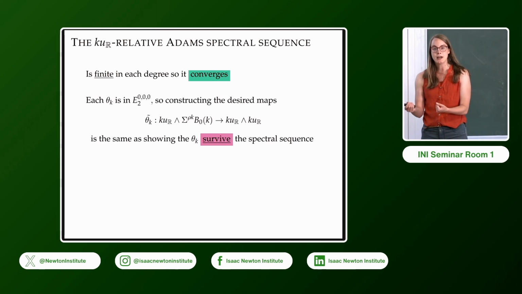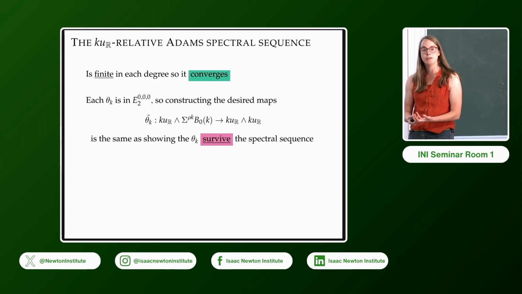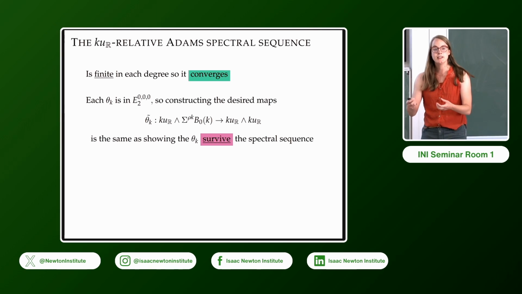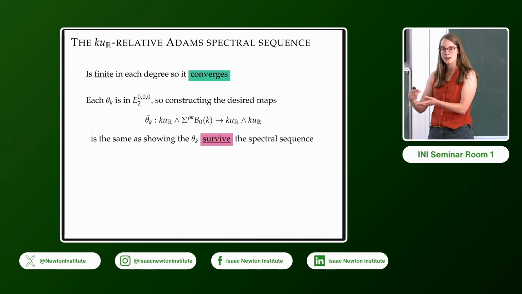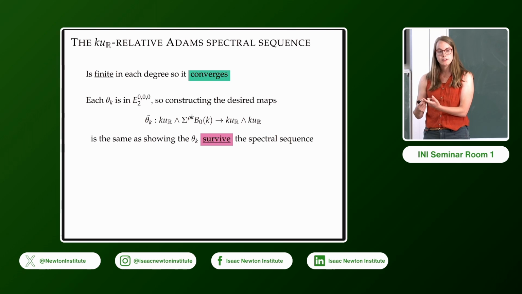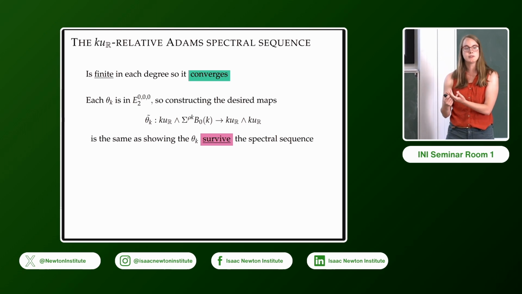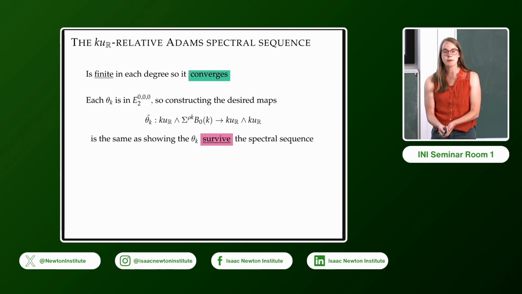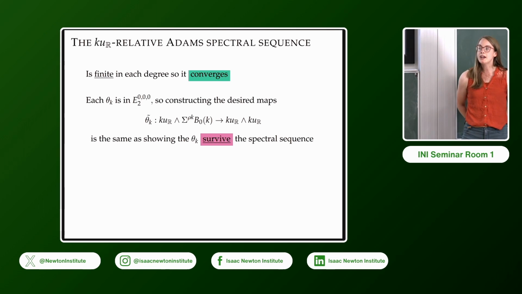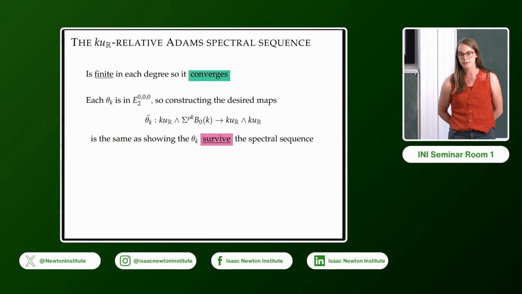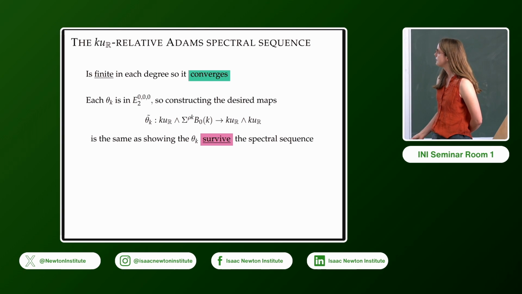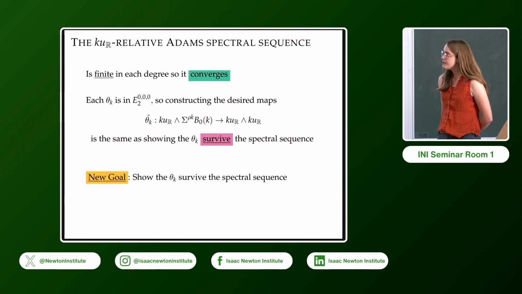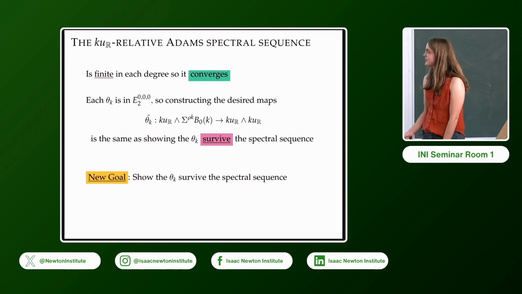And in particular, the maps θ_k that were appearing in our E(1) comodule isomorphism, well, these live in E_2^{0,0}. Here, the grading on this is tri-graded. We have the stem, filtration, and then also a motivic weight. So constructing the desired maps on the level of spectra is the same as showing that these maps survive the spectral sequence. So our new goal is going to be to show that they actually do indeed survive.